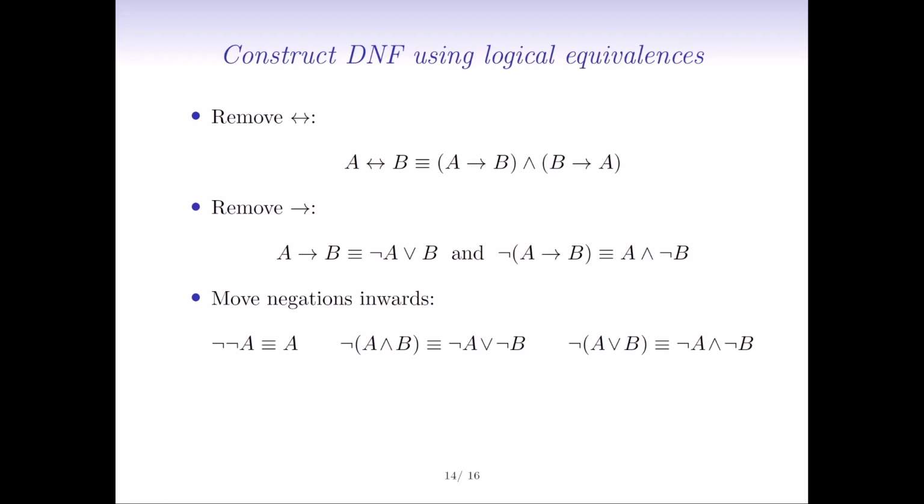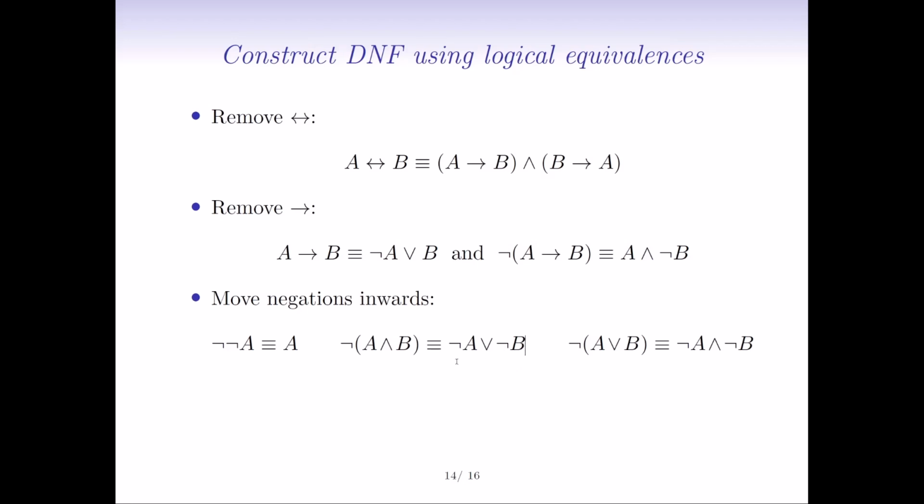To begin with, for sure, we can eliminate any double negations. So not not A can be safely replaced by A. Great. If we have a negation outside a conjunction, not (A and B), then we can push the negation inwards, by using the equivalence that not (A and B) is equivalent to not A or not B.